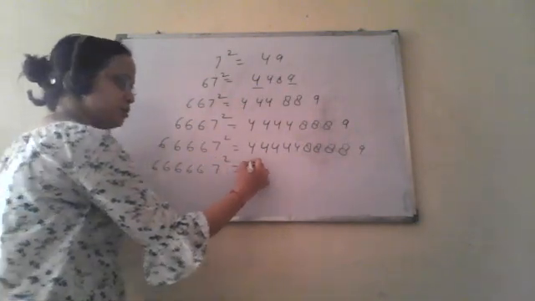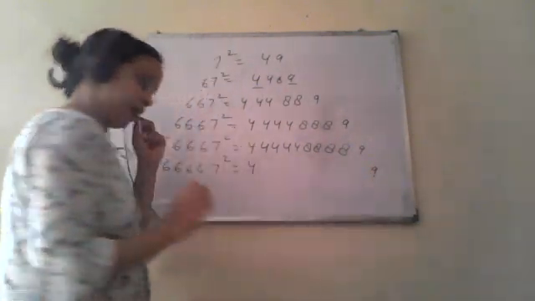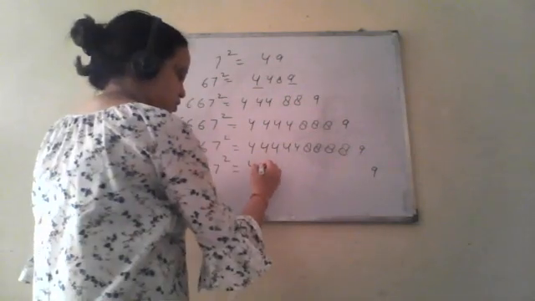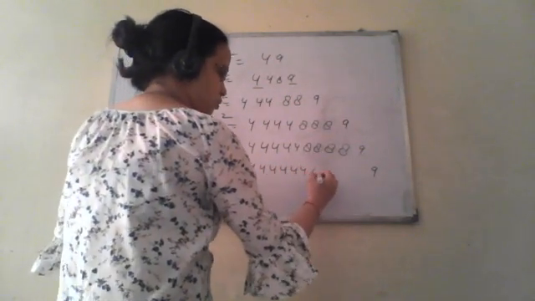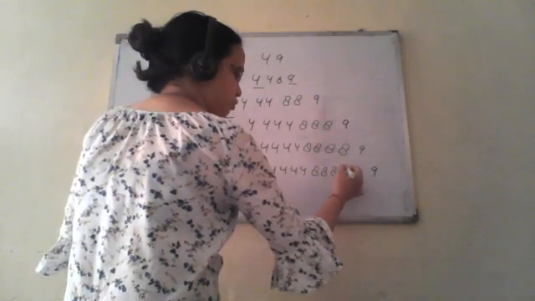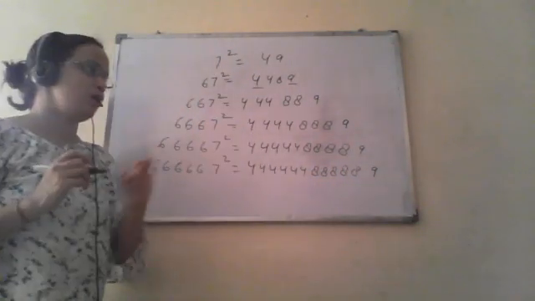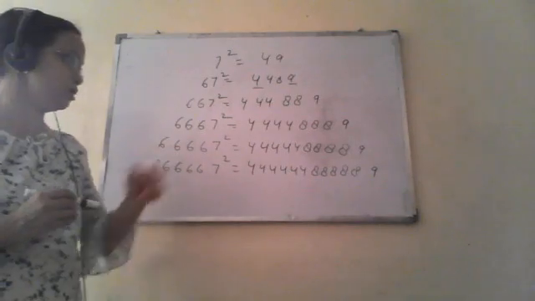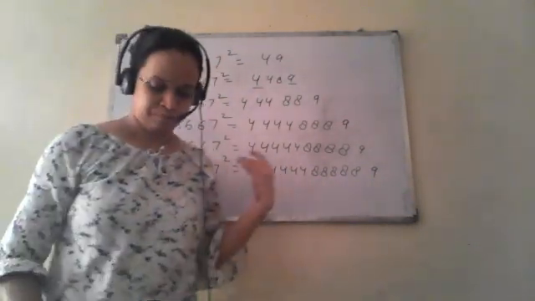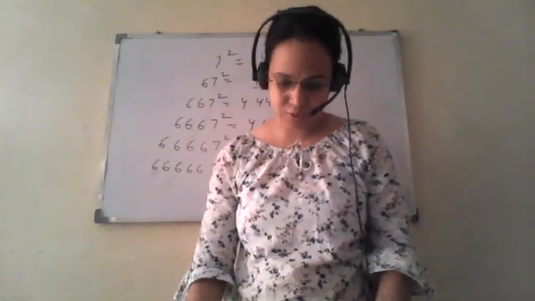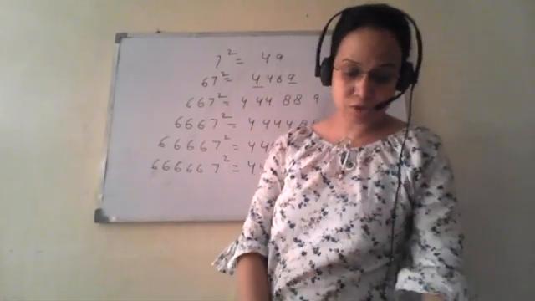The square of this number will have five 4s and five 8s. So this is the pattern of writing with the number 7 at the unit place and a varying number of 6s before it. So these are some properties of square numbers.